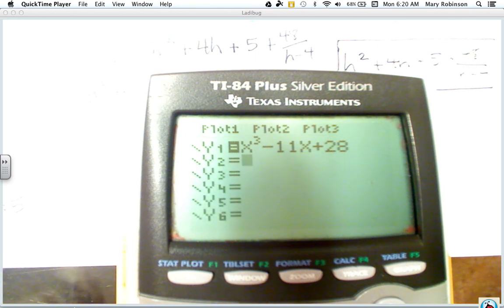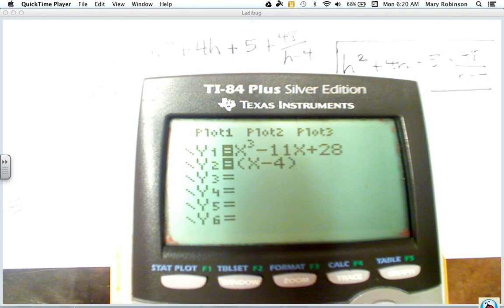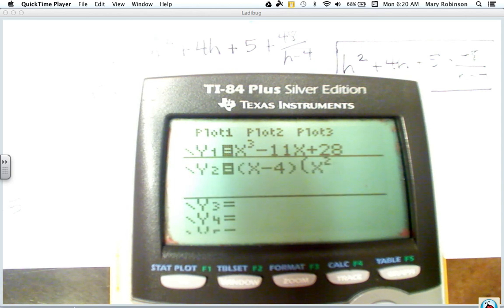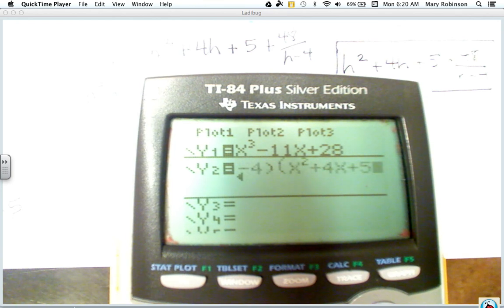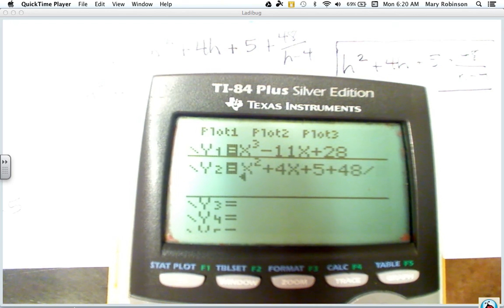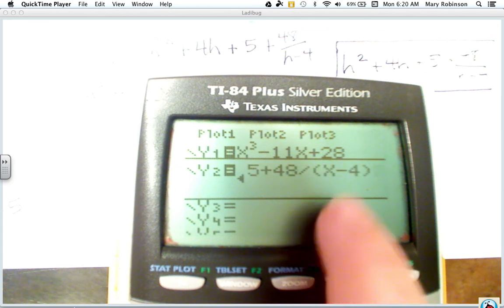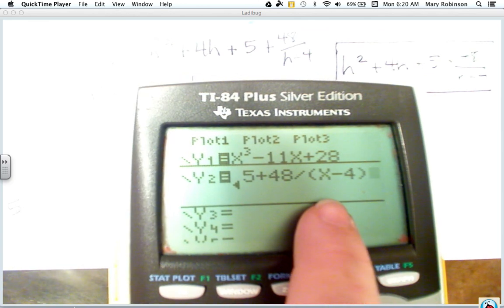Alright, and what we want to do now is put in our divisor, h minus 4, as x minus 4, times our quotient. But it has a remainder this time, so we want to pay attention to how we type it in. X squared plus 4x plus 5 plus 48 divided by, but we have to have an extra set of parentheses around the divisor in our remainder.